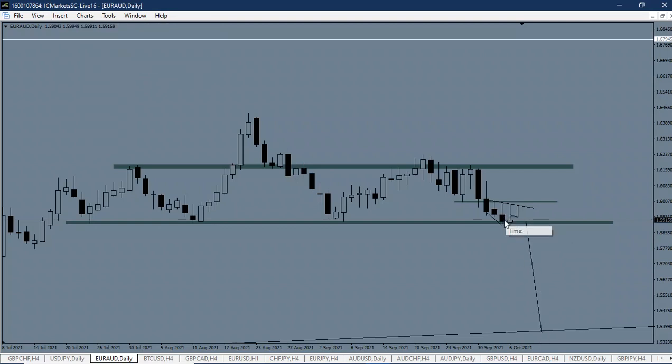So even from this level right here, whatever is happening here, we'll have to wait. Price may cross here. If it crosses this level, we'll be taking our retest here and then towards the downside.